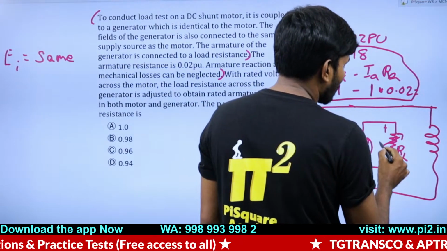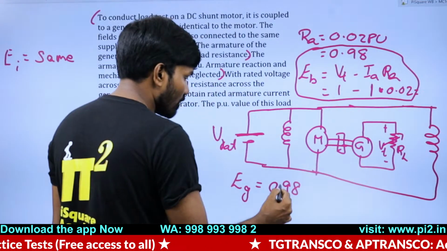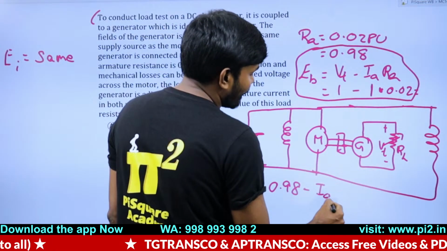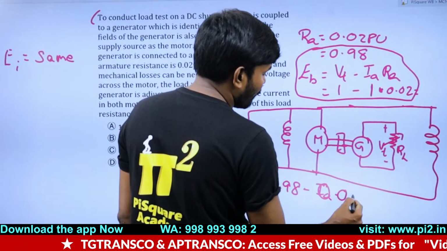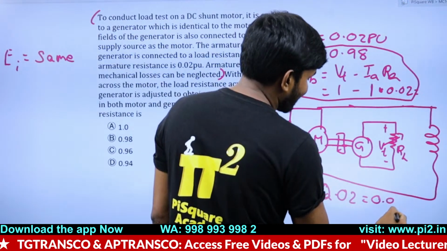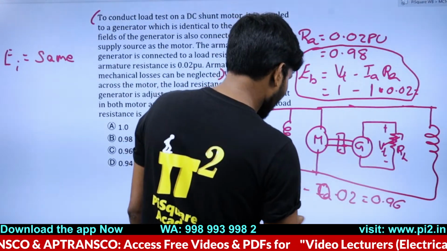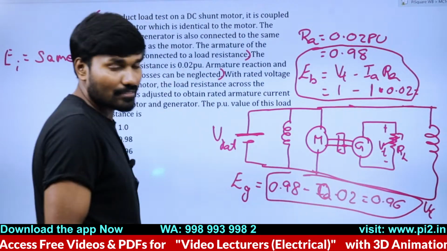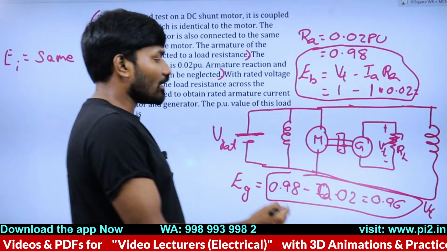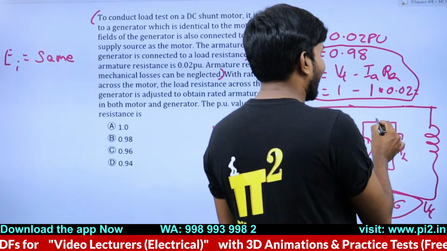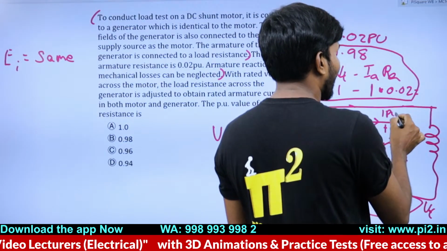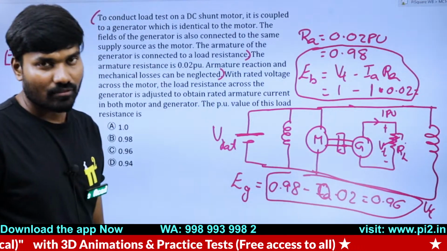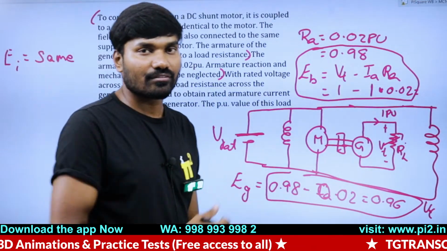Now what is the terminal voltage? Terminal voltage will be Eg minus IaRa, which is 0.98 minus 0.02, which is 0.96. So Vt is 0.96. To get rated current of 1 per unit at terminal voltage 0.96, the load resistance should be 0.96.